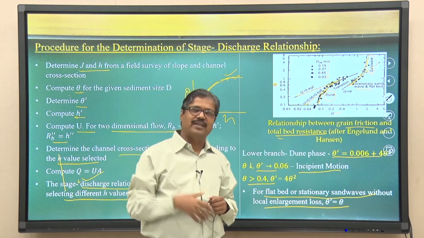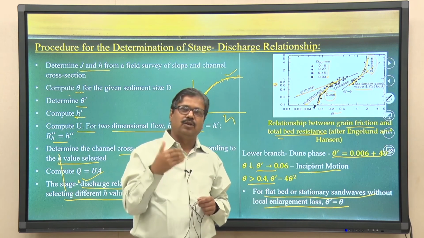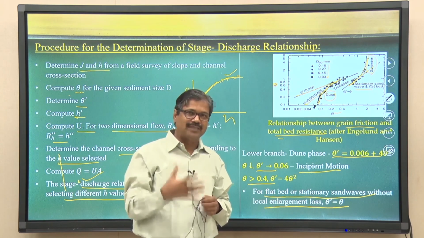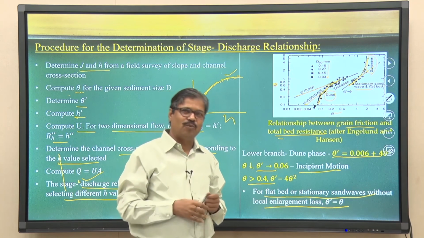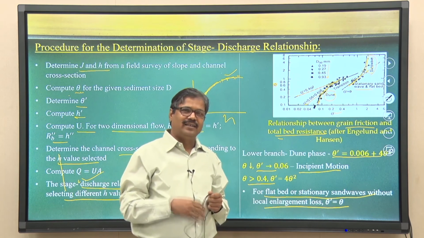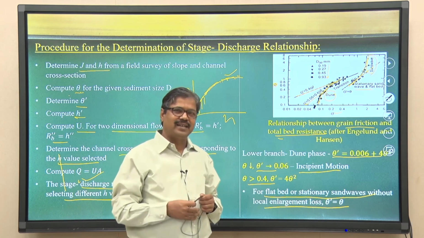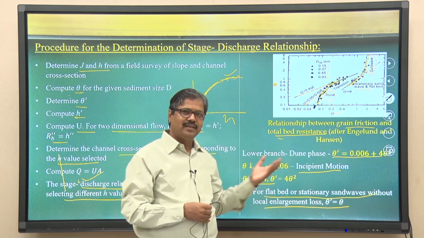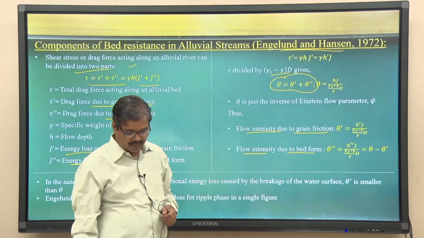If you have the cross section data and the slopes, that energy slope is the biggest issue, and if you have the energy slope and flow depth data accurately, we can establish the discharge using this relationship. It is quite interesting for us.